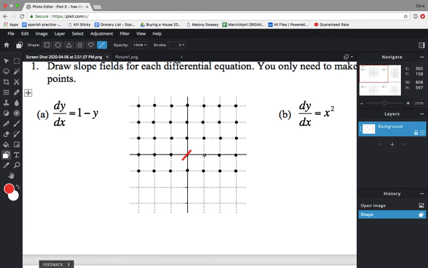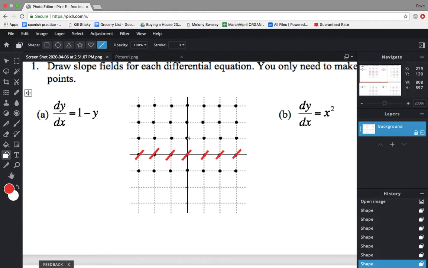If I plug 1, 0 into this differential equation, I still get 1. And if you think about it, all of these points here have to have the same slope. They're all going to have slope 1. The differential equation doesn't depend upon x at all. So changing the x-coordinate will have no effect on the slope of the corresponding line segment. So I kind of can save myself some time there.